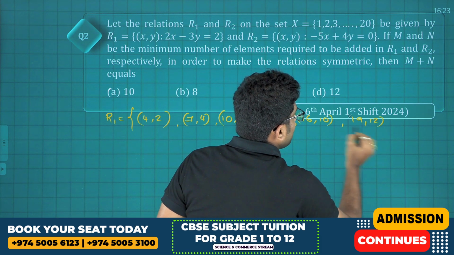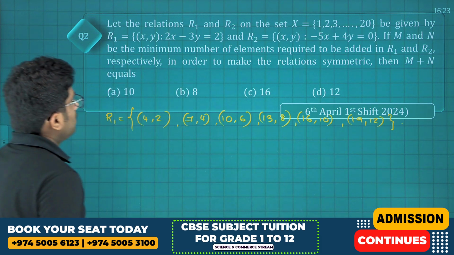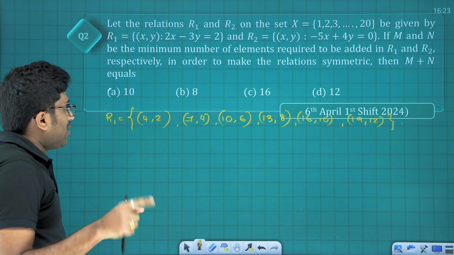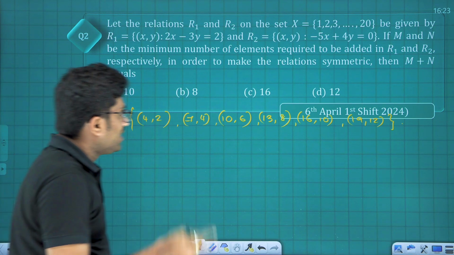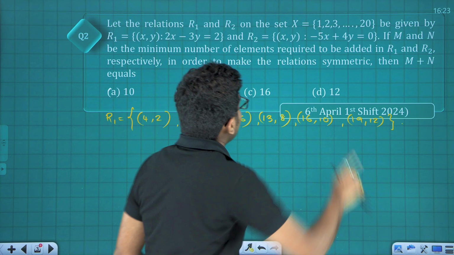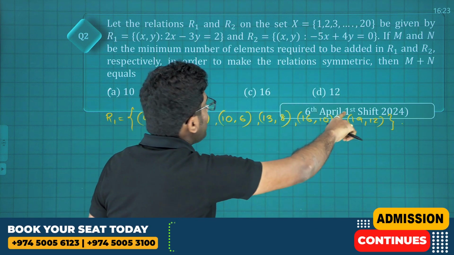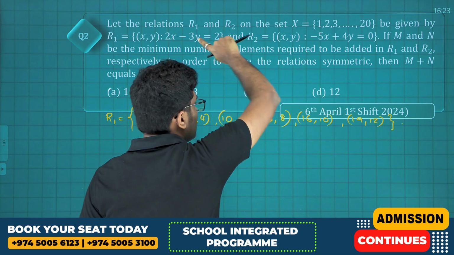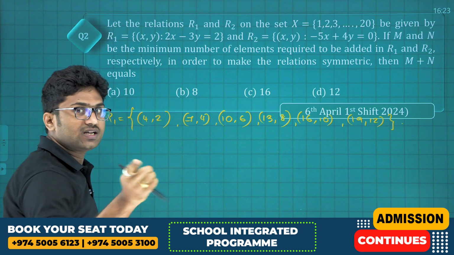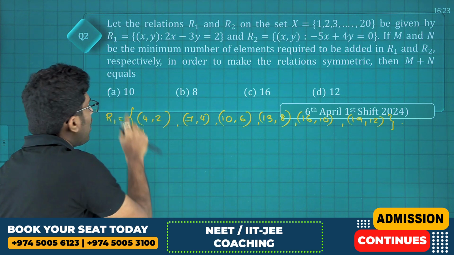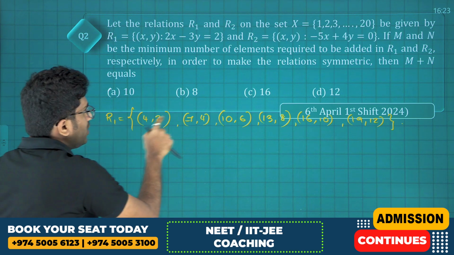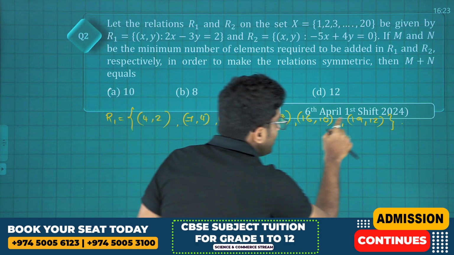So we have 4 comma 2, 7 comma 4, 10 comma 6, 13 comma 8, 16 comma 10, 19 comma 12. Check 19 2s are 38 minus 12 3s are 36, 38 minus 36 is plus 2 only. Okay. So how many elements are in R1 now? 1, 2, 3, 4, 5, 6.